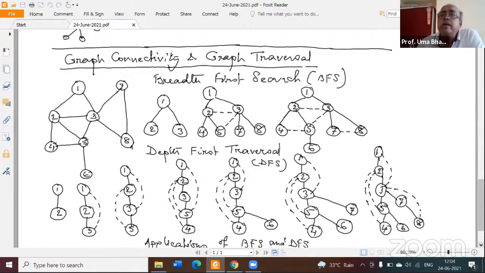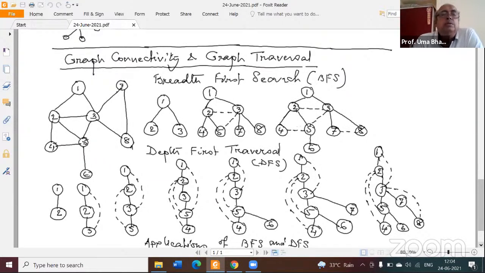Now 3 is already discovered. Put a dotted line between 2 and 3. But 4 and 5 are newly discovered. So 4 and 5 come under 2.